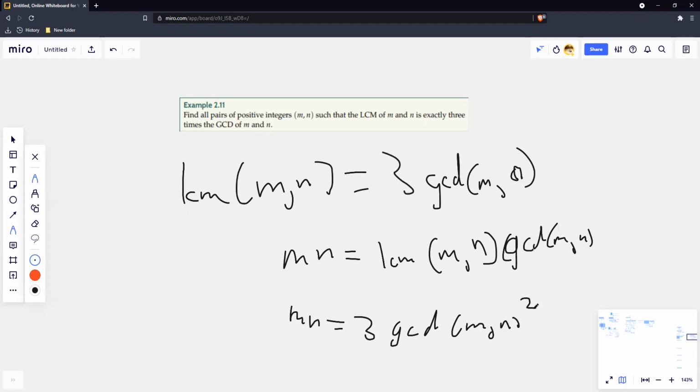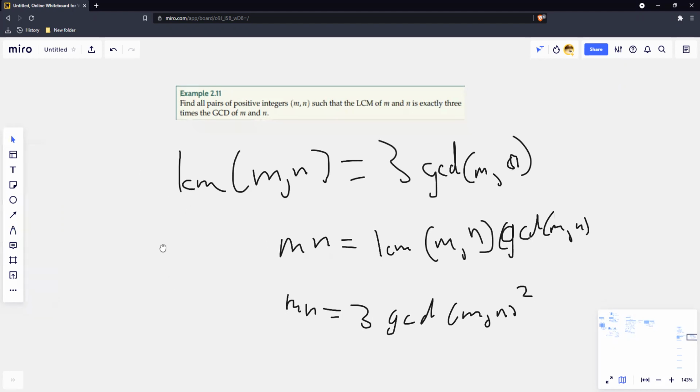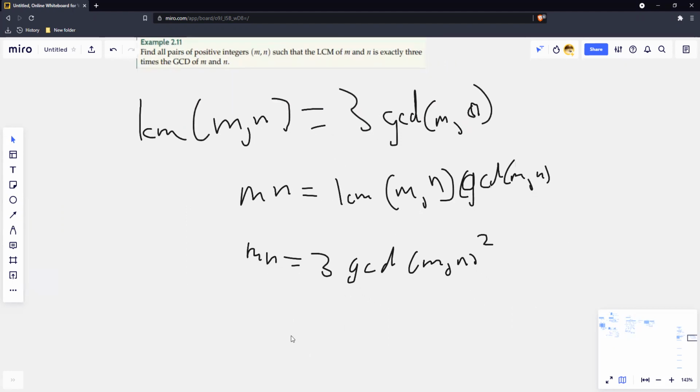What do you think? What are we supposed to do here now? This is a little bit confusing, as we have mn is equal to 3 GCD(m, n) squared. So let's see. Basically, we can rewrite this.